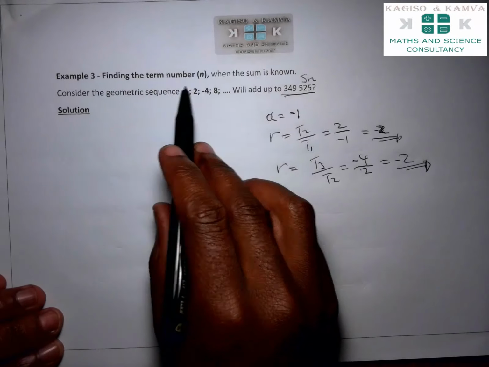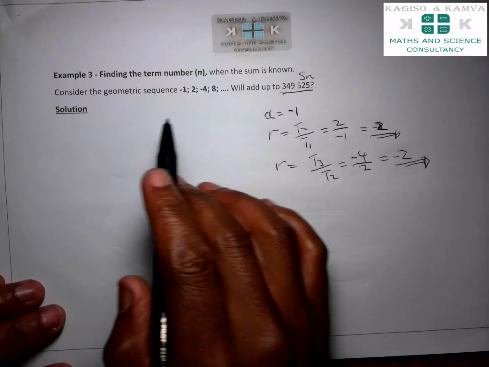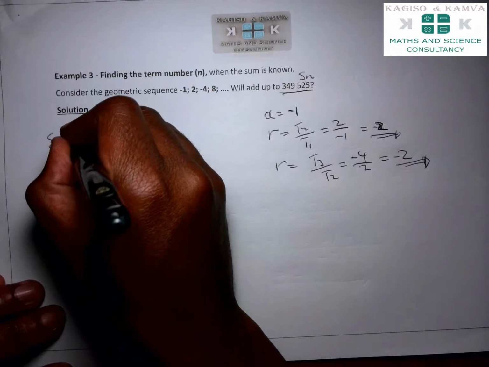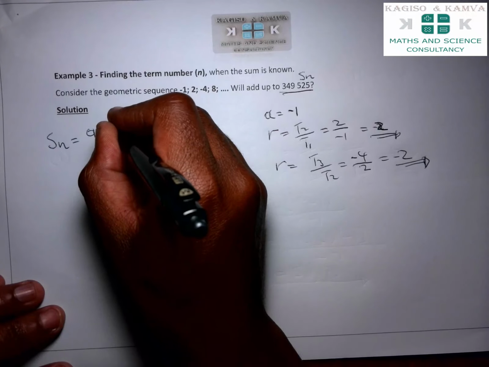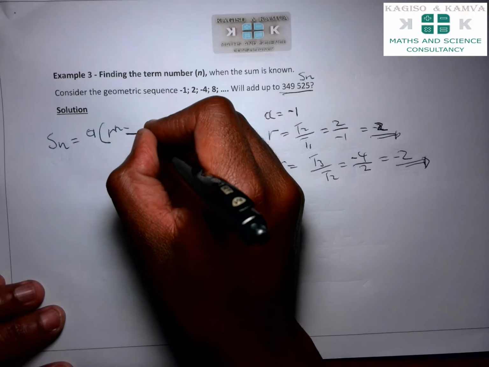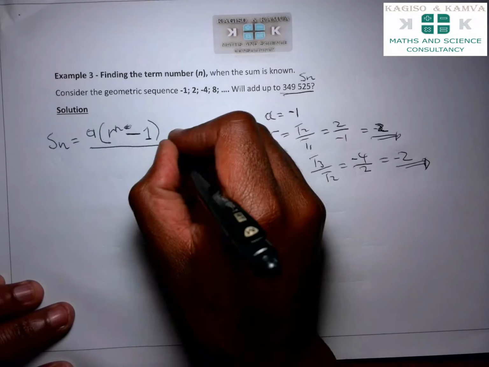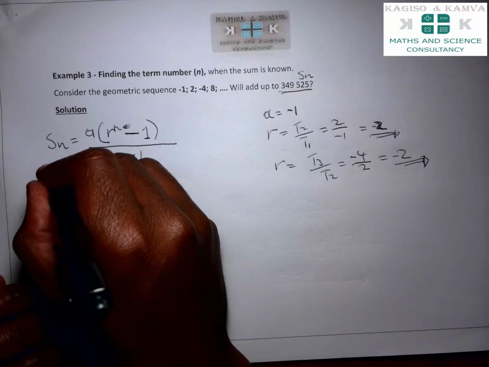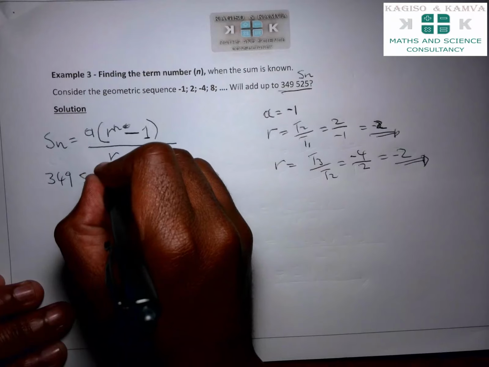Okay, so we're looking for n when we know the sum. From here we're going to use the formula for calculating the sum. That will be Sn is equal to a into r to the exponent n minus 1, over r minus 1. So we know the sum. The sum is 349,525.